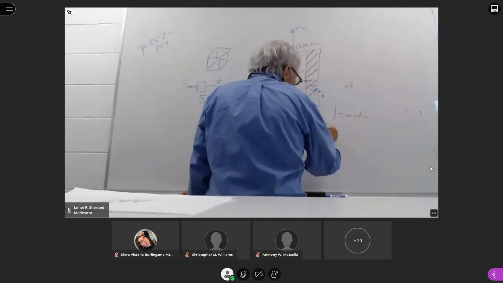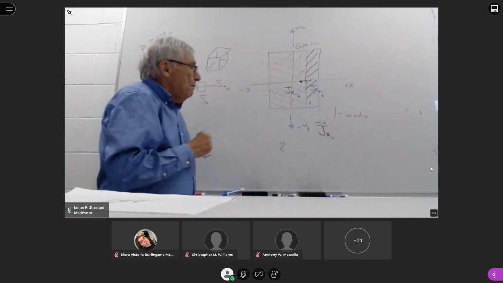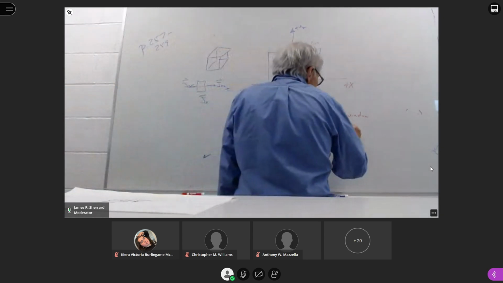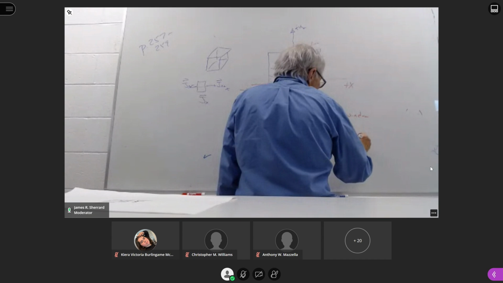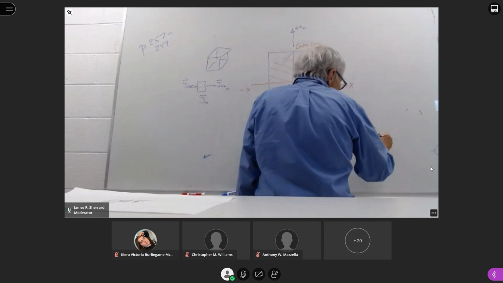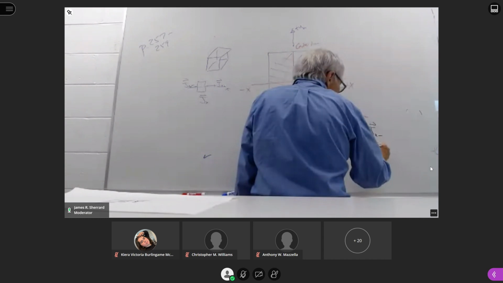So if I look at the total neutron current density at my window, is Jx plus greater than Jx minus? Are they exactly the same?